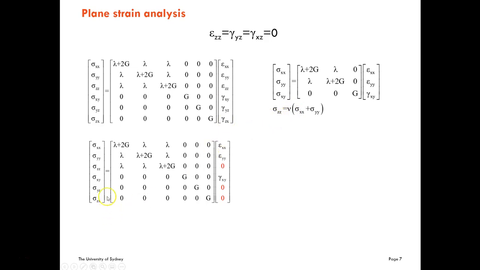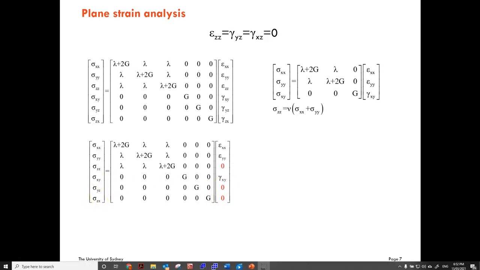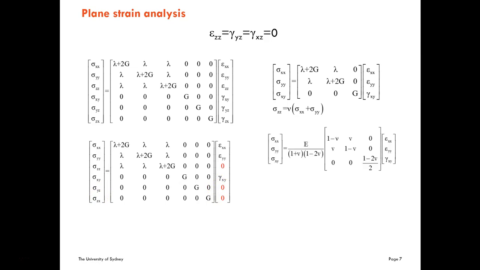You can see that this component is going to be non-zero, so we put this here, and these two components are going to be 0 because these two are 0. Now we can replace the Lamé constant and the shear modulus in terms of the Young modulus and the Poisson ratio, and this matrix can be written like this.